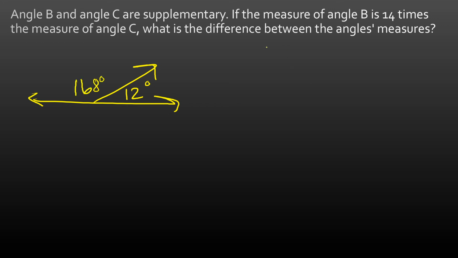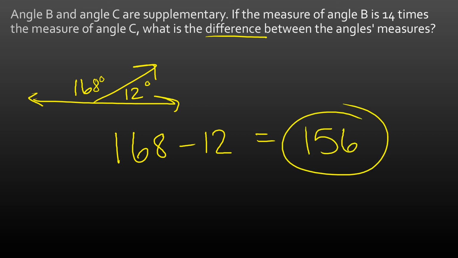Okay, I need to know what is the difference. The difference is subtraction. So all I'm going to be doing is subtracting those two numbers that I already know, 168 and 12. So if I do 168 and I subtract 12, I should get 156. And remember that you can type this into a calculator to double check your answer.